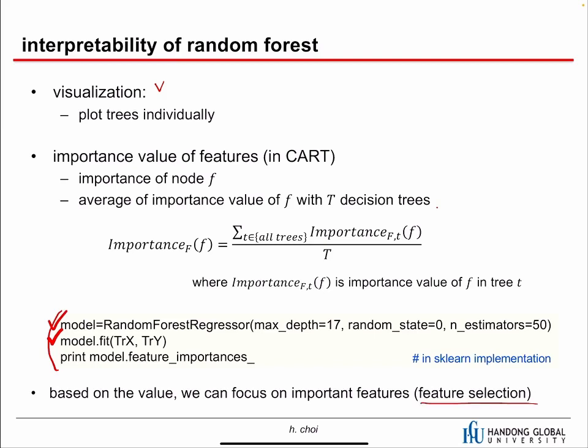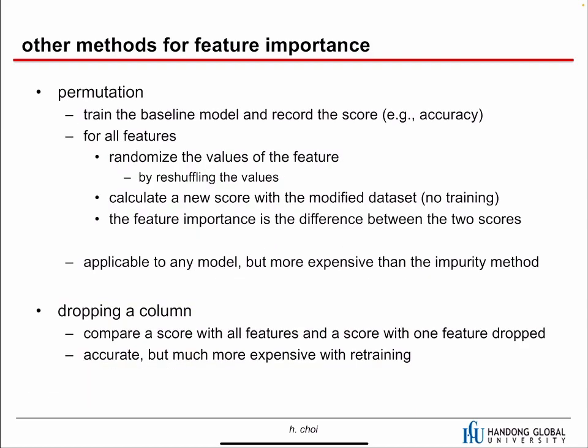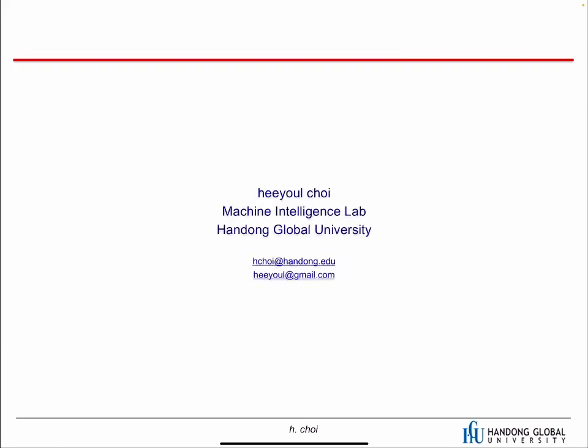When we have 100 features, based on these importance values, we can reduce the number of features to like 30 features. Okay, then there are some other methods for feature importance, like permutation and dropping of columns. So we can try many different things with different sets of features. Okay, that's it.